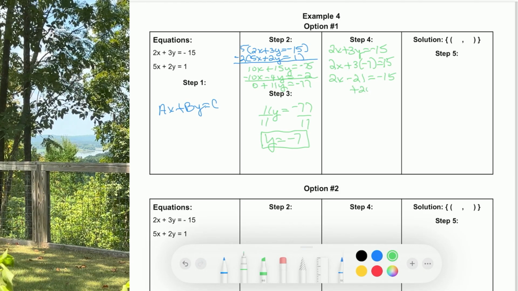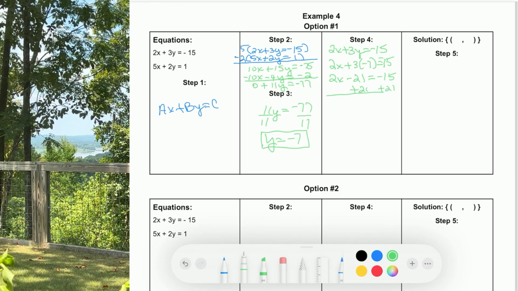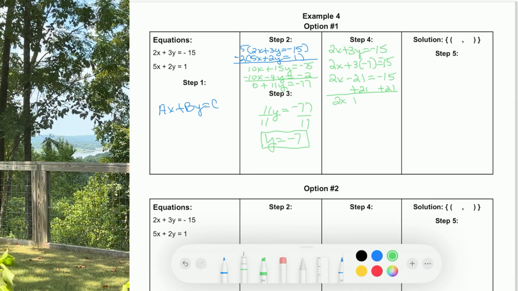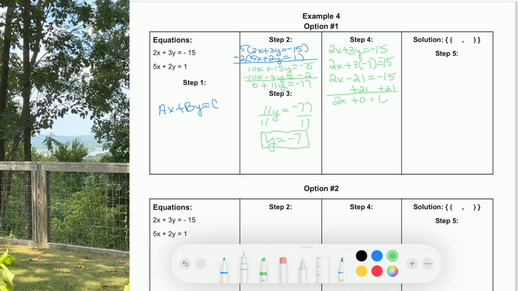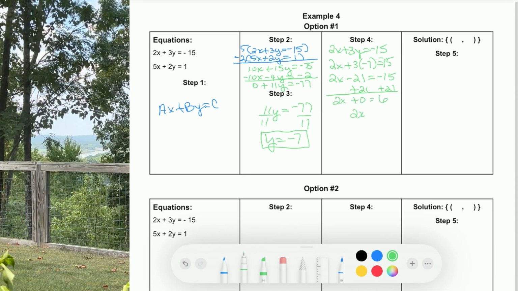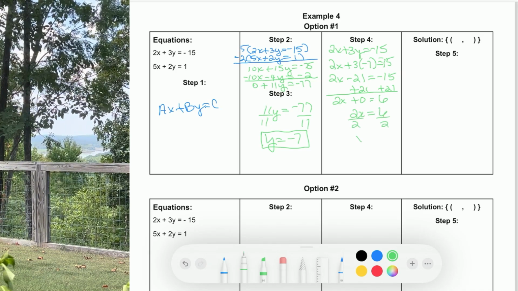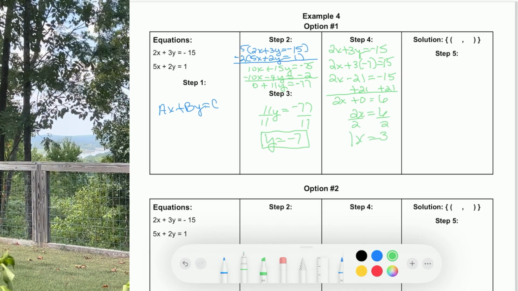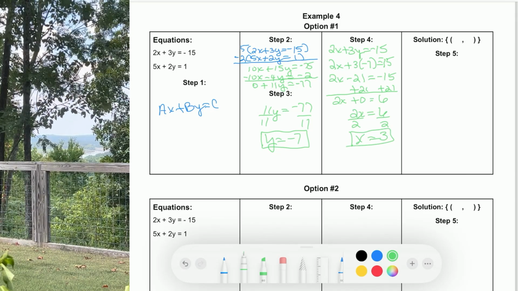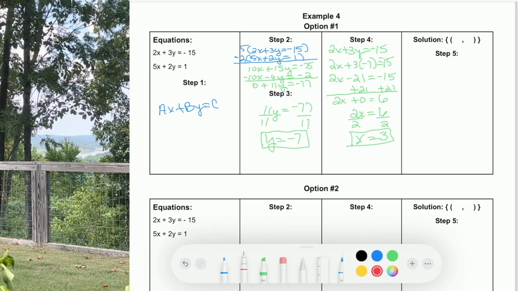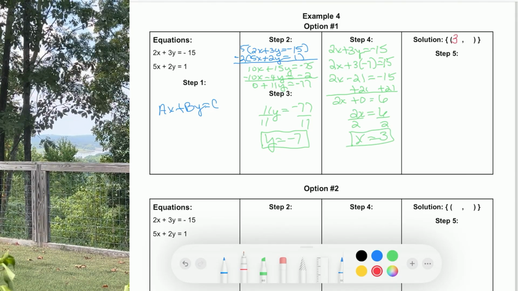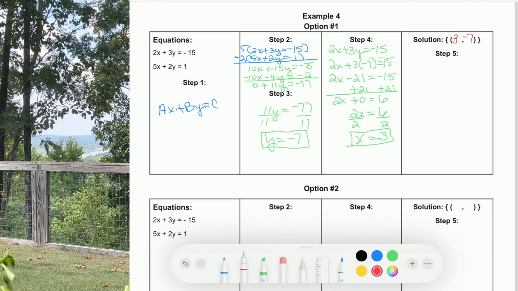Add 21 to both sides. I get 2x plus 0 equals 6. So 2x equals 6. Divide both sides by 2. And I get x equals 3. All right, so we have our two values. We have 3 and we have -7.